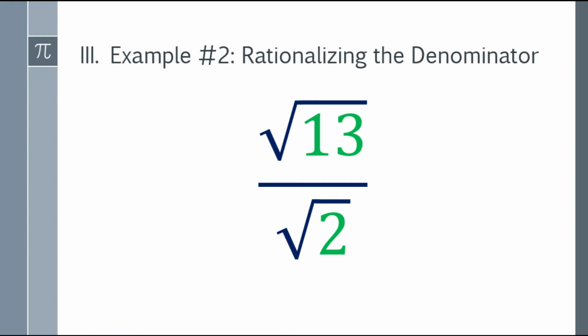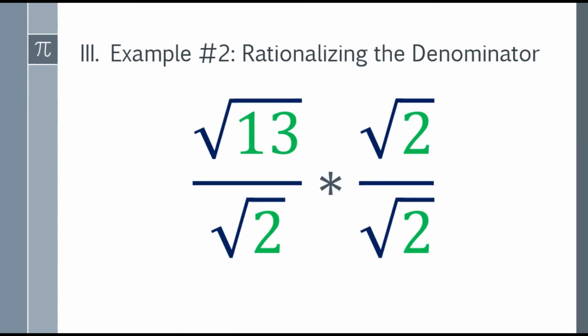Moving on, let's have the example number 2. Rationalizing the denominator. Sa math, as much as possible, hindi pwedeng may radical sign sa denominator. So we have to rationalize it. So if we have square root of 13 over square root of 2, multiply mo siya dun sa denominator, which is square root of 2 over square root of 2, para mawala yung radical sign.